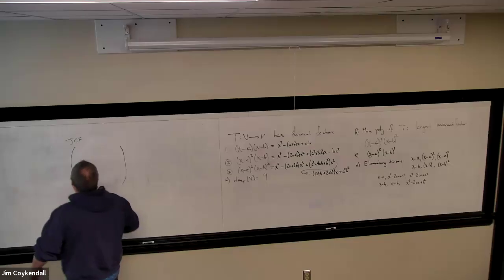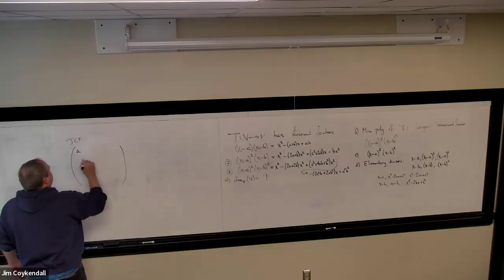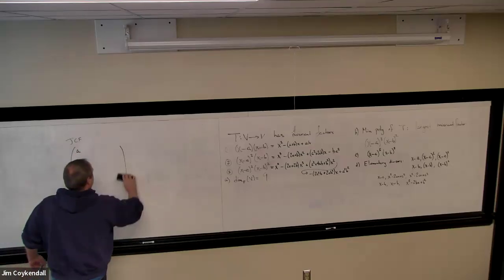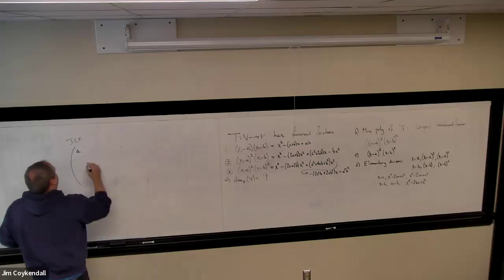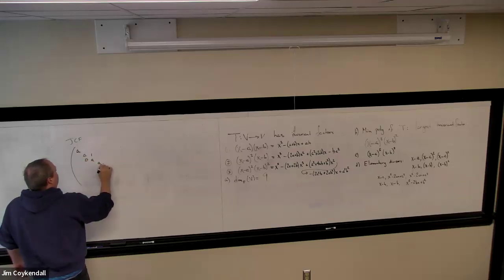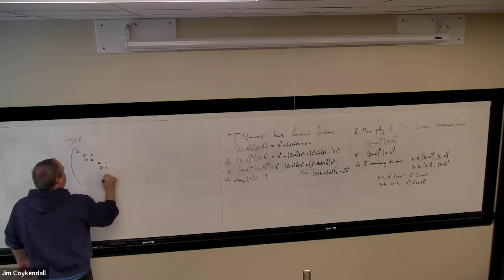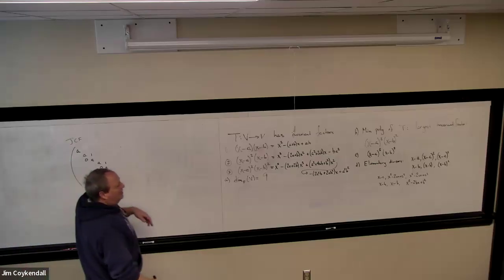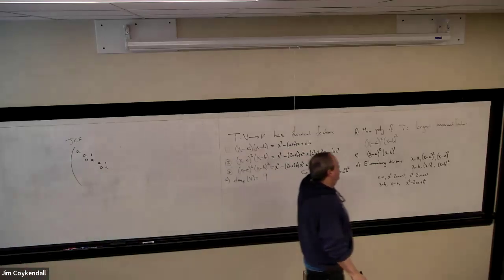This is a 9 by 9 matrix, so I'm going to have A 1 0 A, A 1 0 A. So that takes care of these.